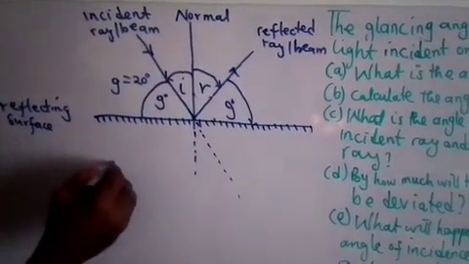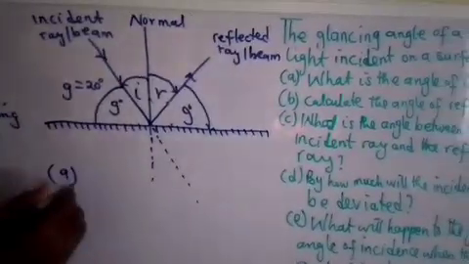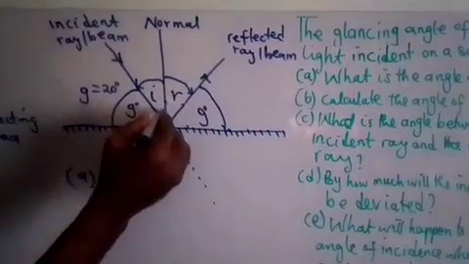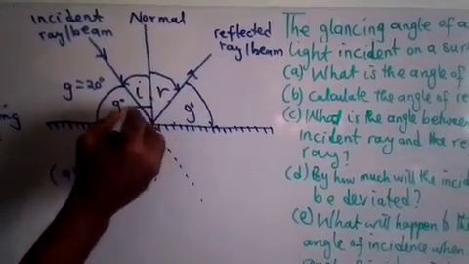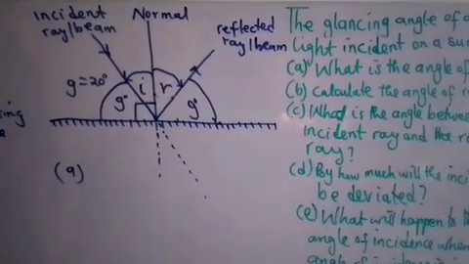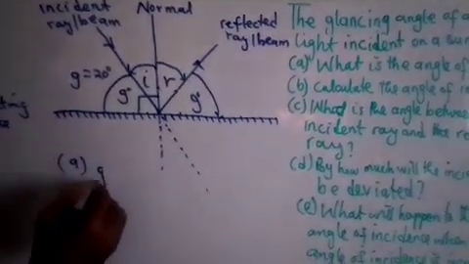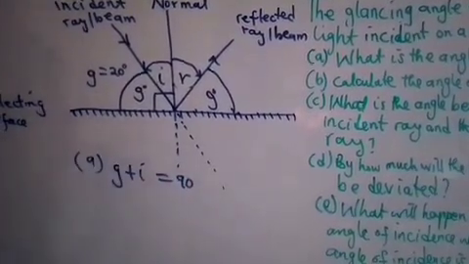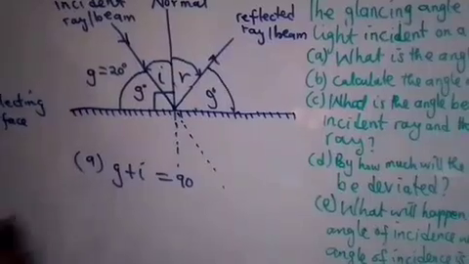So, let's solve question A. If G, which is glancing angle, is 20, can you notice that the angle of incidence and the glancing angle make 90 degrees, perpendicular? So they are complementary.